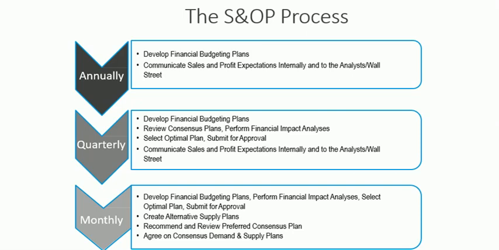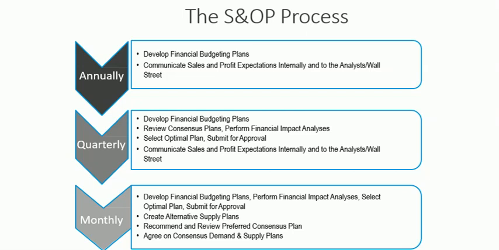On the monthly basis, you should perform the financial impact analysis: how your products are selling, how your salespersons are working, and whether we are sticking to the final plan or not. Then we should also make an optimal plan in case of any loss or any imbalance in our sales and operation processes. Then we should also create alternate supply plans.